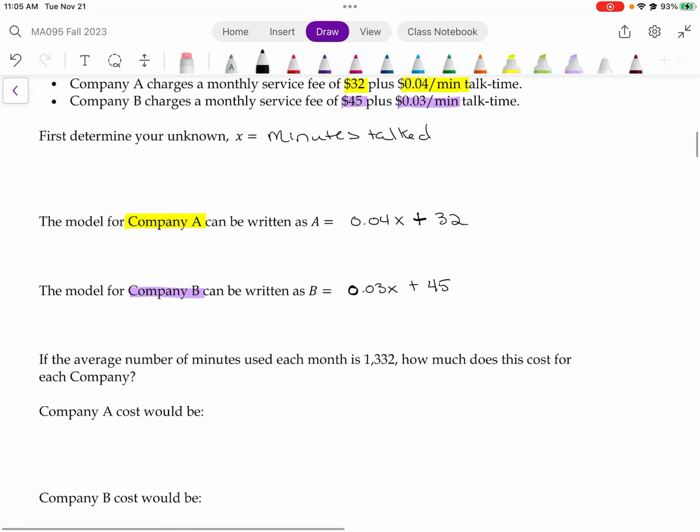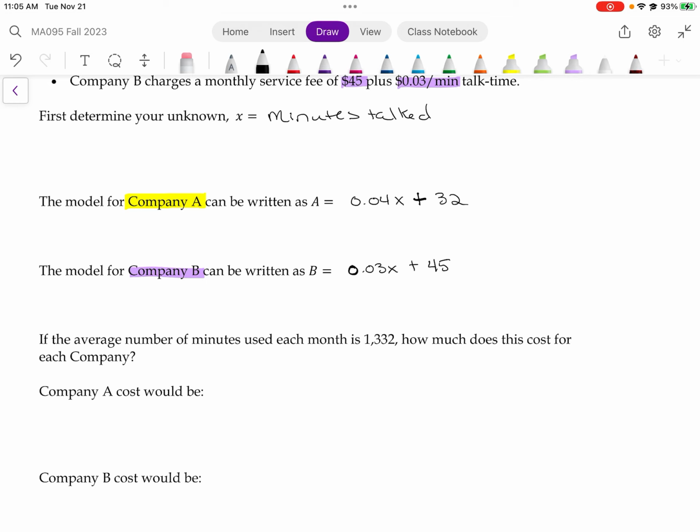All right, so now the next question is, if the average number of minutes used each month is 1,332, how much does this cost for each company? Well, what is 1,332? What is this number in our equation? Well, that is X. All right, so all you have to do is plug it in.